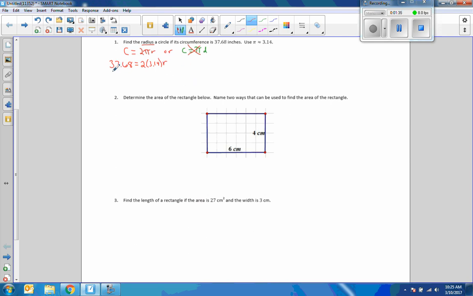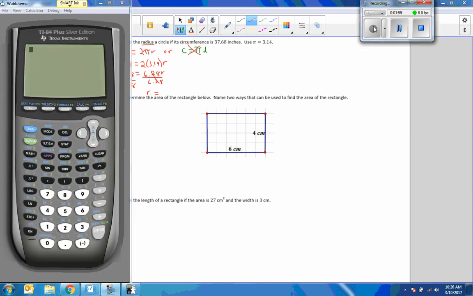Now we're just simplifying. 37.68 equals 6.28 r. Divide by 6.28. Divide by 6.28, and that will cancel these. That will give me r equals 37.68 divided by 6.28.